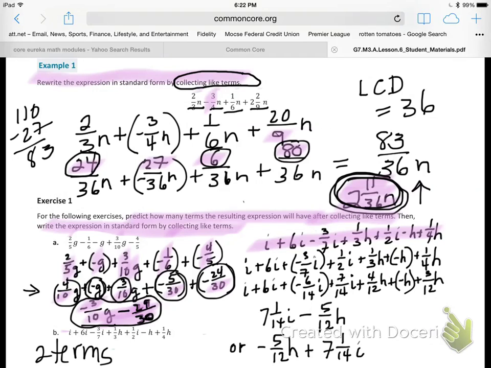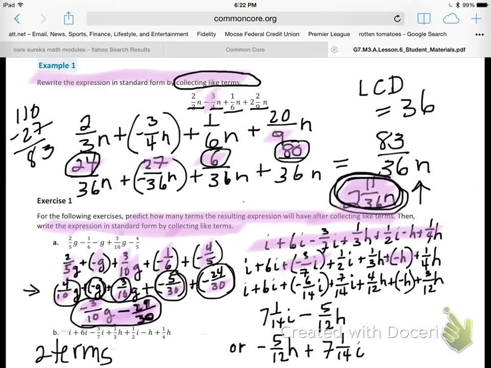Okay, but what I did here then, I went ahead and just wrote it as a series of sums. Again, I like doing it this way. It just shows me that I have a negative H, I have a negative 3/7 I. When I'm combining my like terms, it makes it much easier.